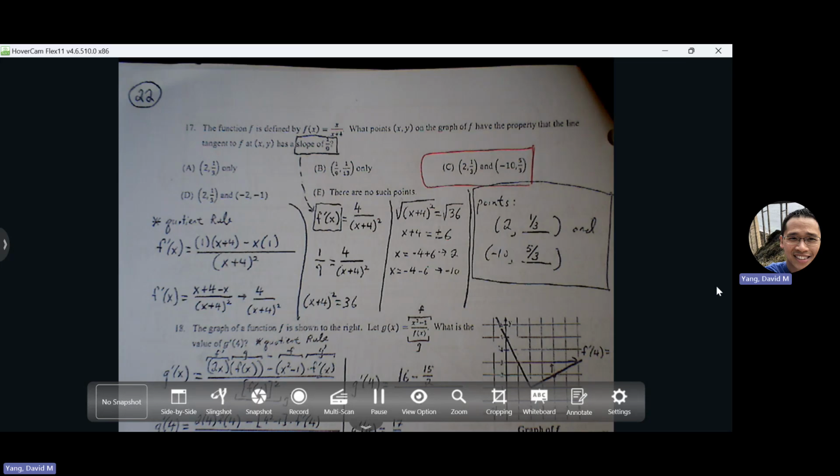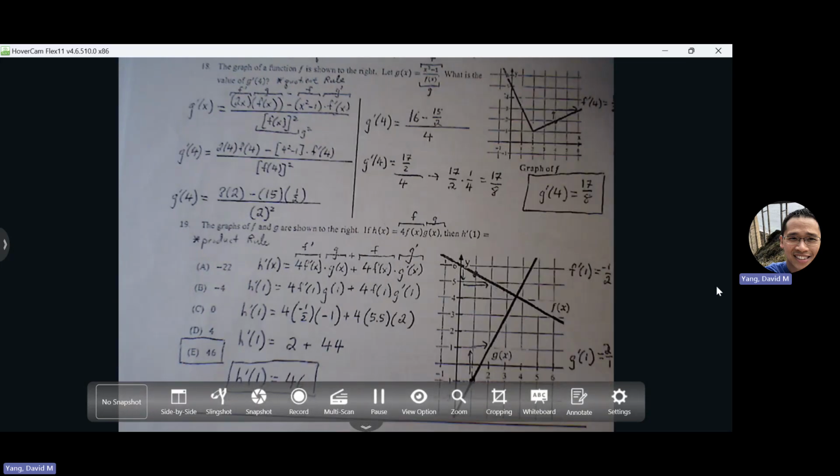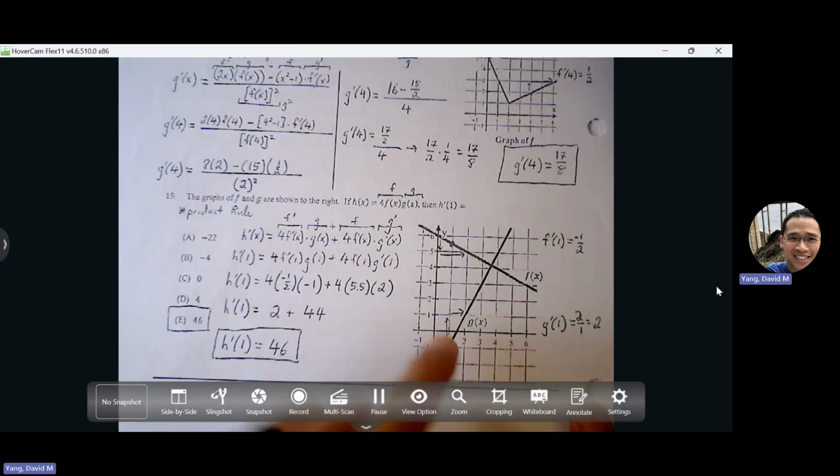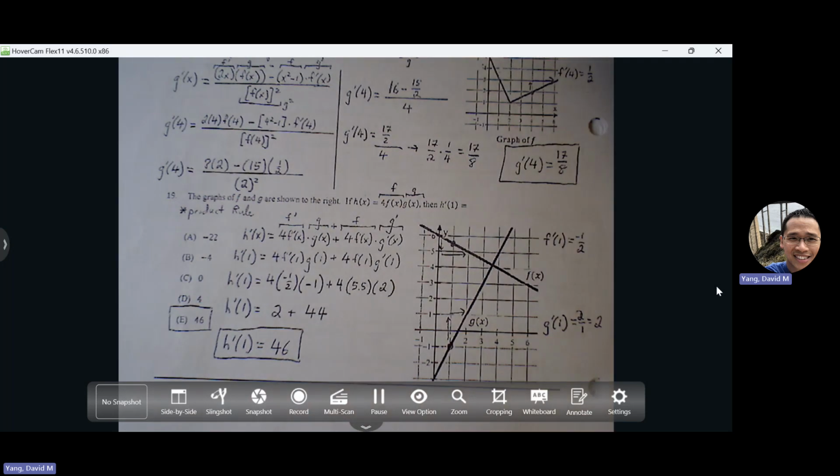Want to make sure that we are comfortable with problems where we have to gather information from a graph and not from a table. So for 19, which you guys have the homework, go through product rule, right? F prime G plus F G prime. You replace all your X values with 1.